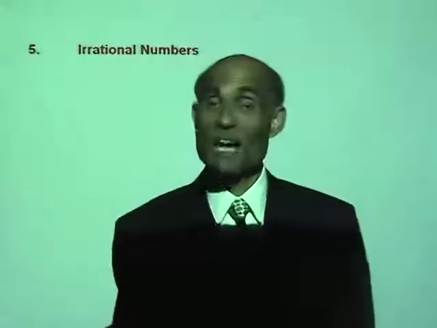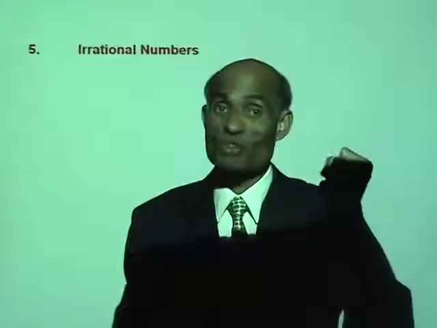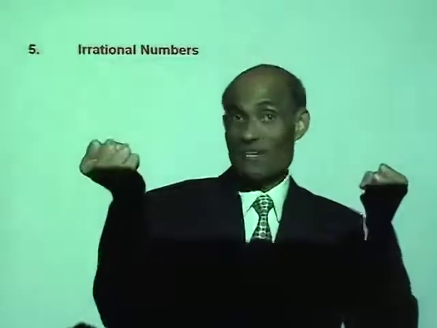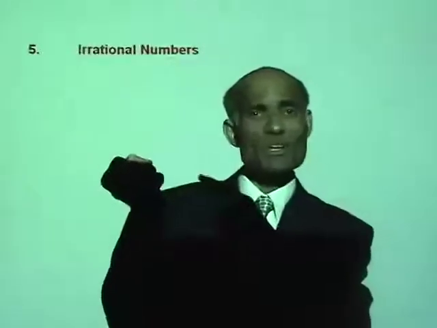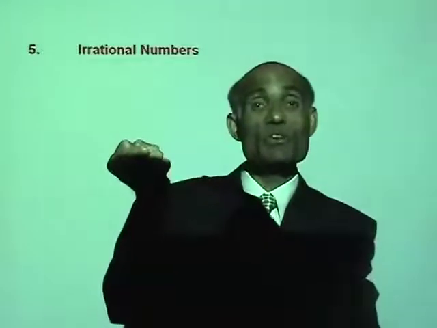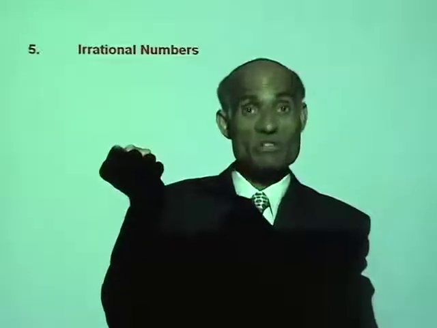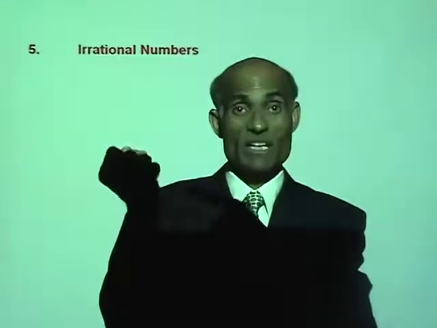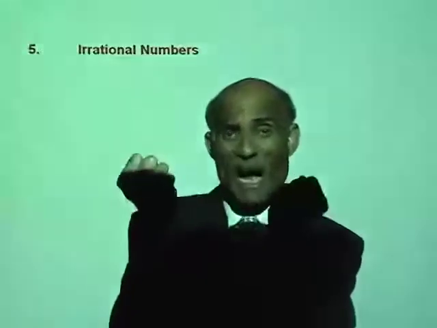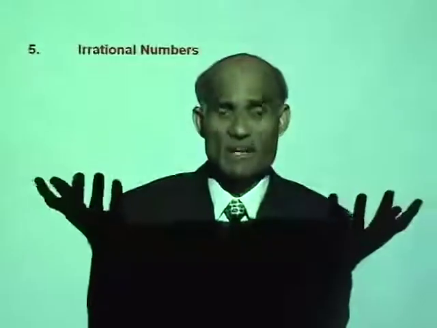What about irrational numbers? Just like a person can be rational, another person can be irrational. We say, don't go anywhere near that person. You never know what he's going to do next. He might hit you, right? Irrational. Now, unpredictable behavior.